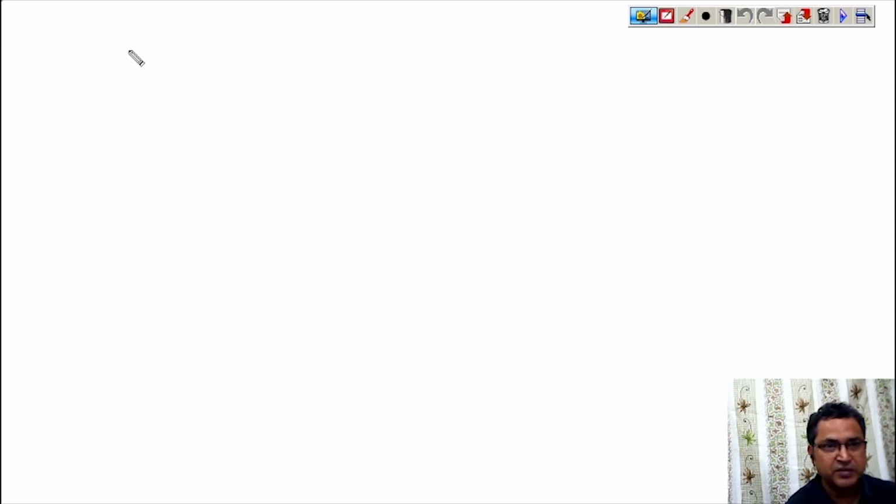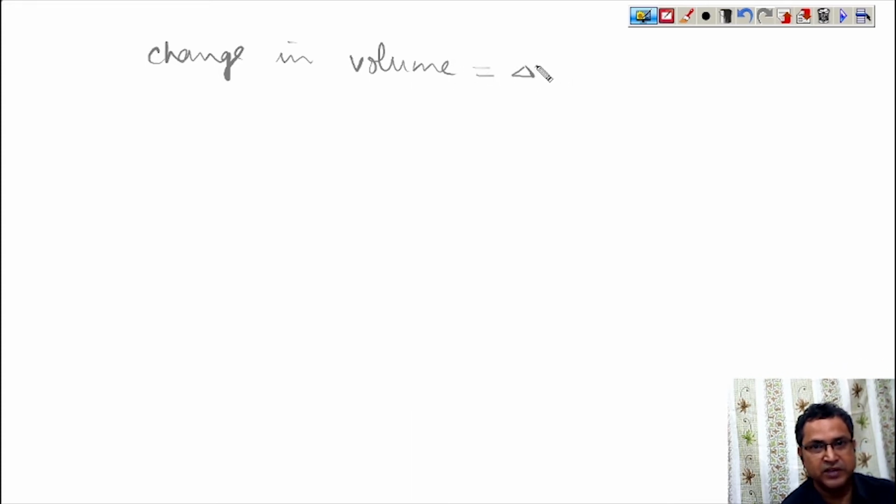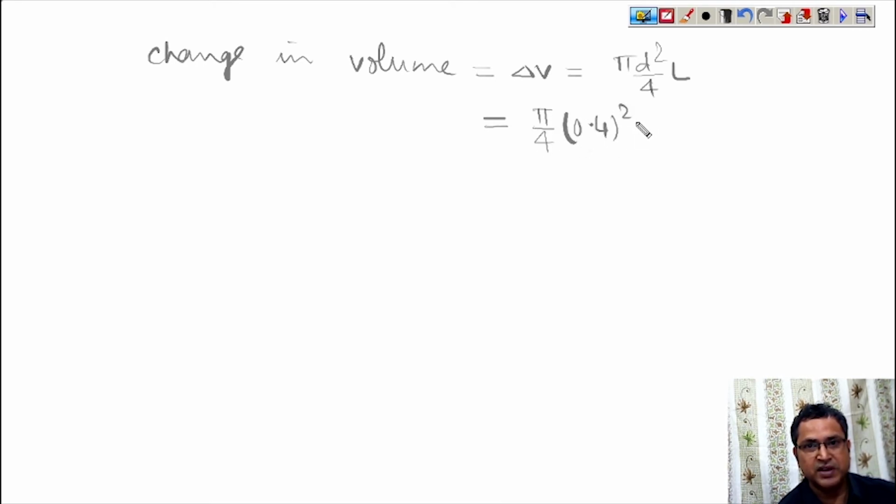The change in volume, delta V, is pi d square upon 4 into L. So pi by 4, D is 0.4 whole square, into L is 0.485. This much amount of meter cube.